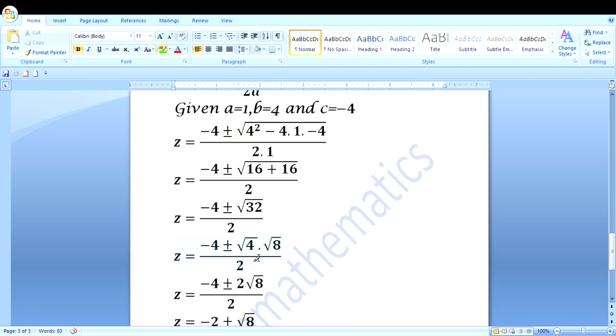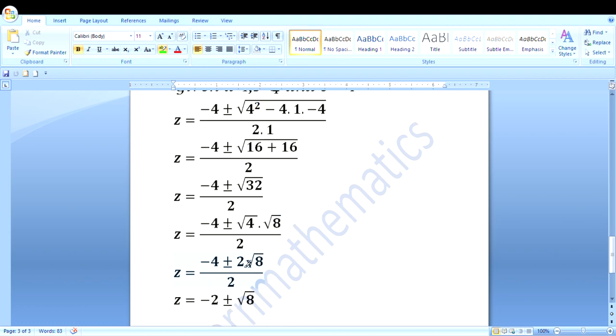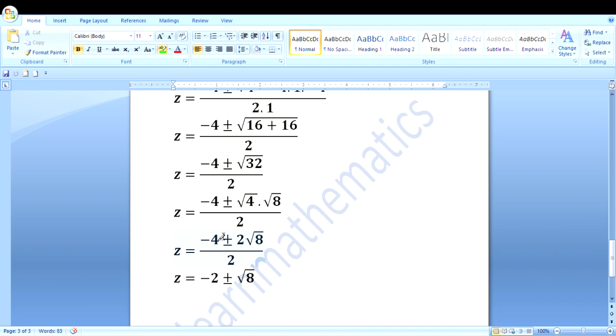Now if we look at our expression, z is equal to minus 4 plus or minus the square root of 4 times the square root of 8. The square root of 4 is 2. This becomes z is equal to minus 4 plus or minus 2 root 8 divided by 2.